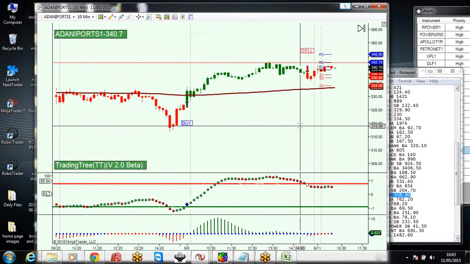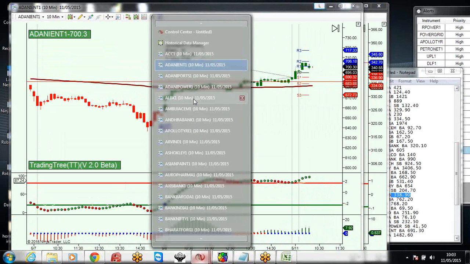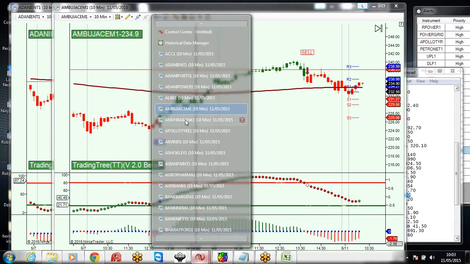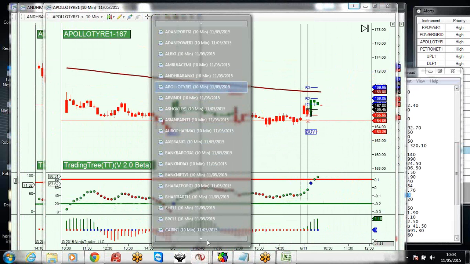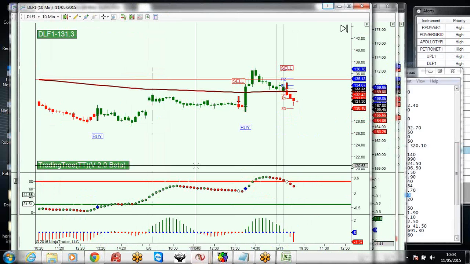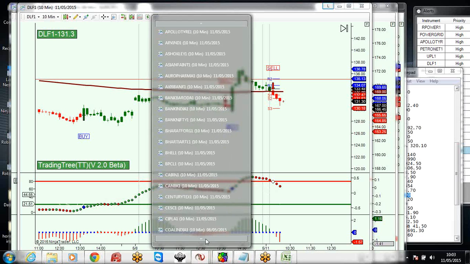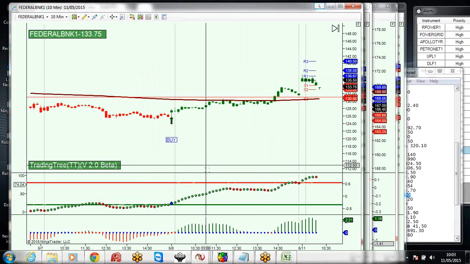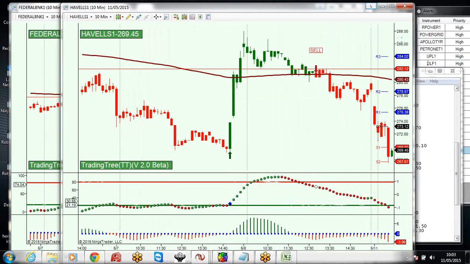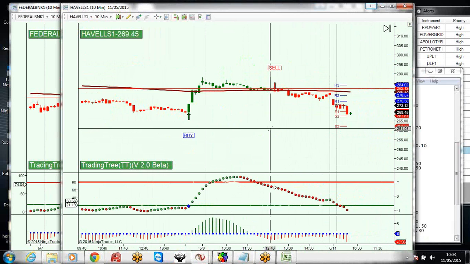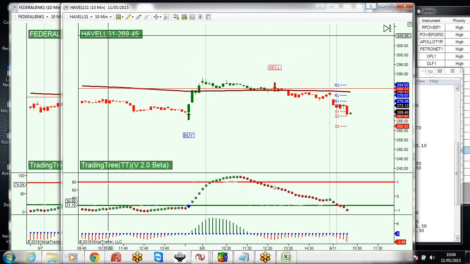And we should be getting a buy call in Adani Ports. Havells is a short here at 273. Now it is at 269.45.